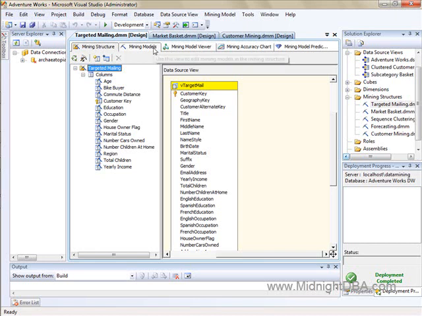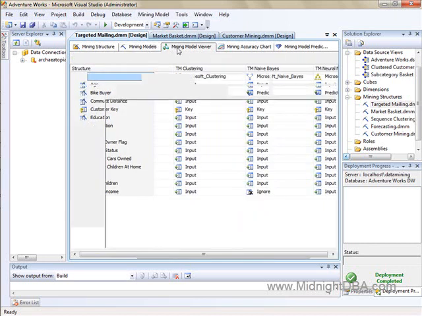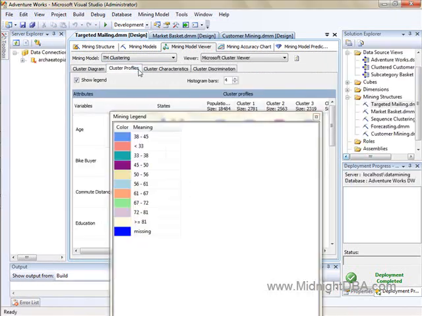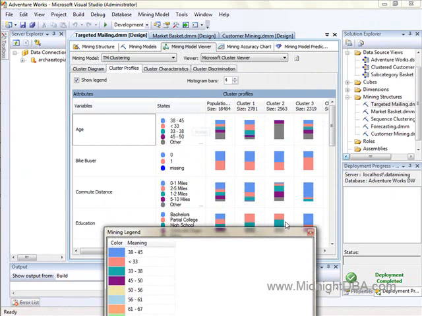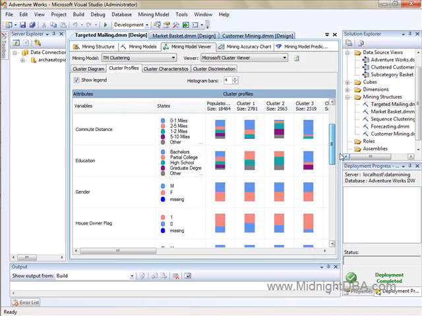So we can see here, based on these particular aspects, that we have defined about 10 different clusters, and the profiles here give you an idea of what actual attributes went into a particular clustering model here.